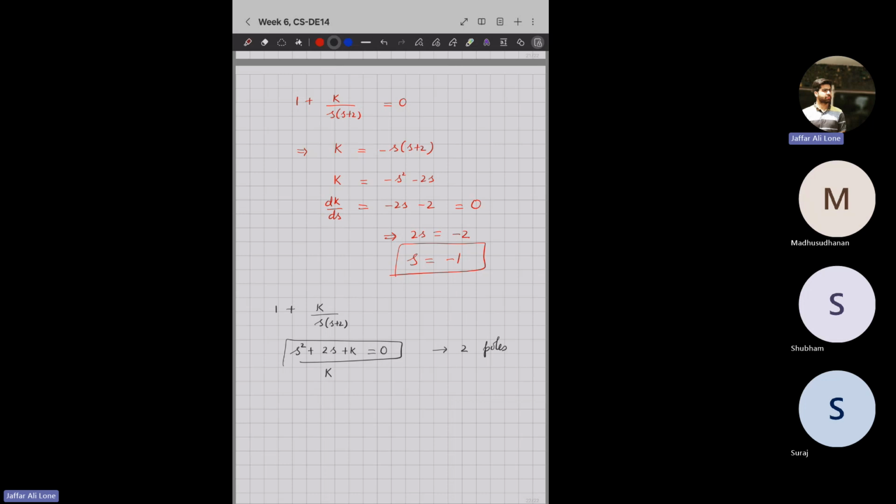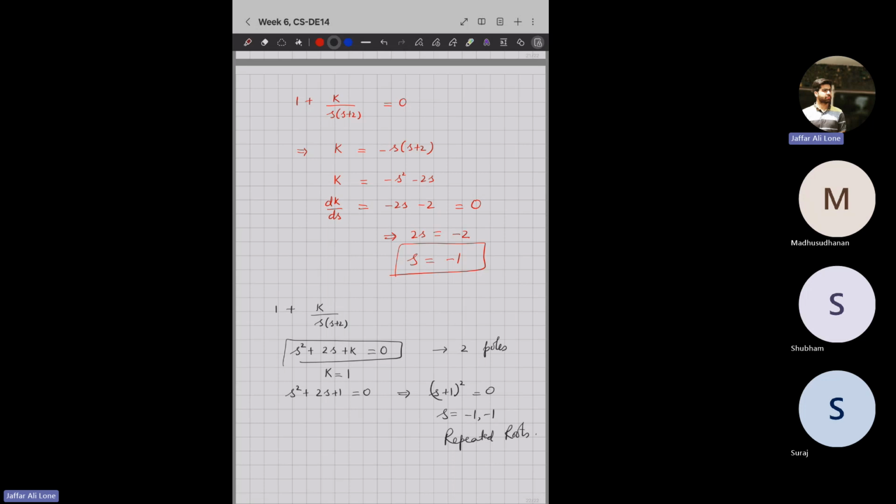Let's take k equal to 1. When we take k equal to 1, what will we get? s square plus 2s plus 1 equal to 0. If you solve it, we get s plus 1 whole square equal to 0. It means s equal to minus 1, minus 1. It means I got repeated roots.